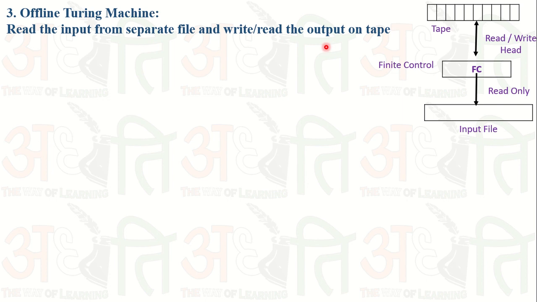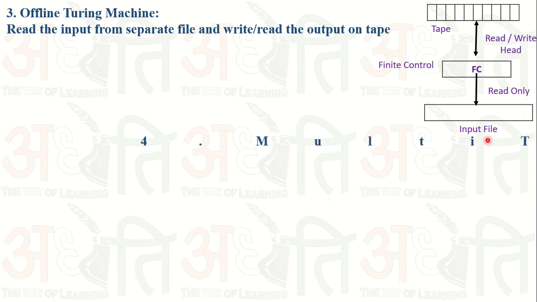We have a separate file, and the finite control reads the input data from this separate file, and then reads or writes data on the tape. This diagram is simply known as the offline Turing machine. Offline refers to reading the data from a separate file.